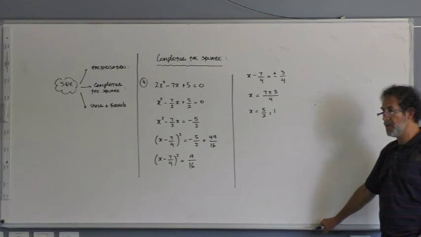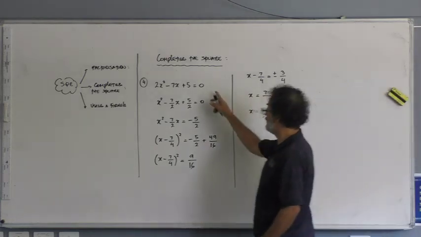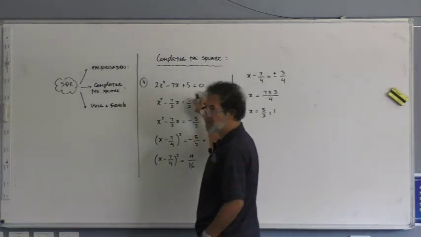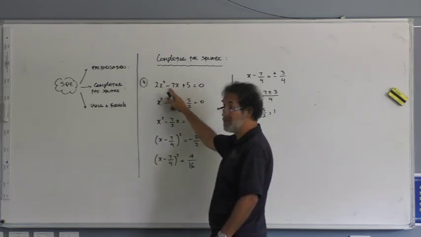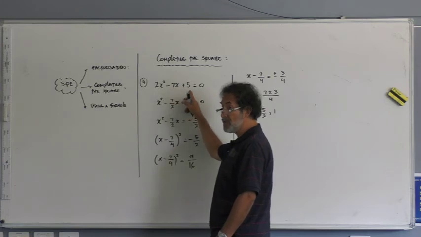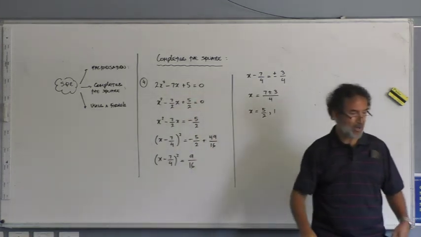Can you see that even if you have an ugly looking one, in which we have a number in front of the x squared and this is not divisible by 2, you still can do it? Okay, so have a go and do this one.